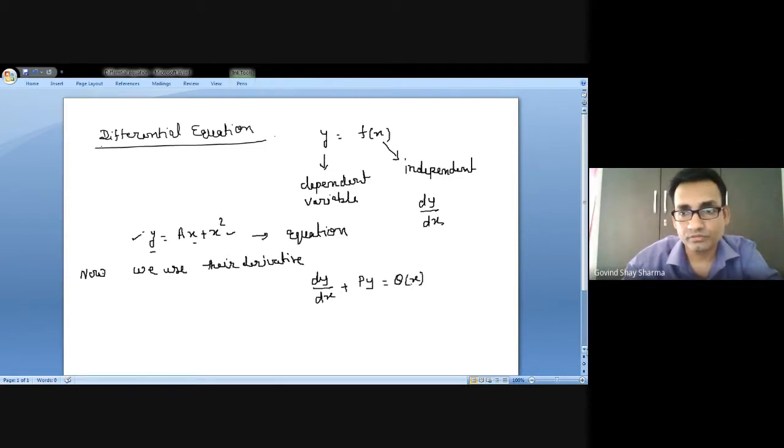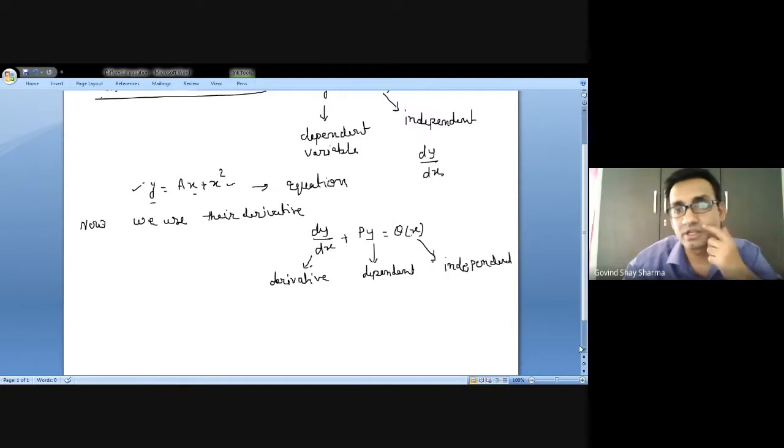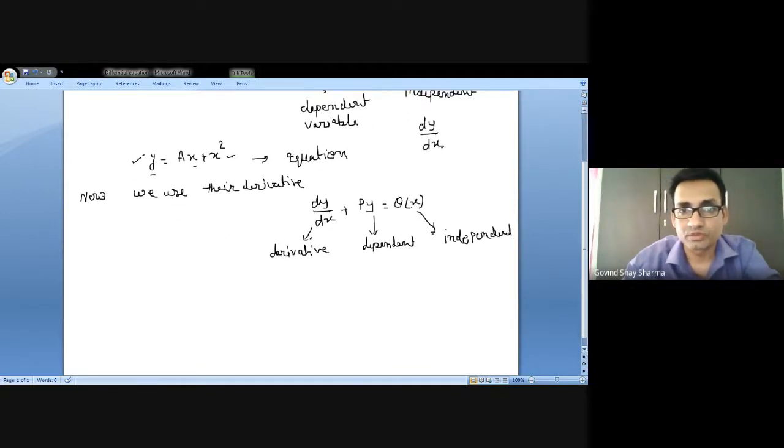Here we find that this is the derivative, this is the dependent variable and x is independent. So here p is a function of x. Okay, it may be x, x square, x cube, e to power x, log x, sin x, any other.